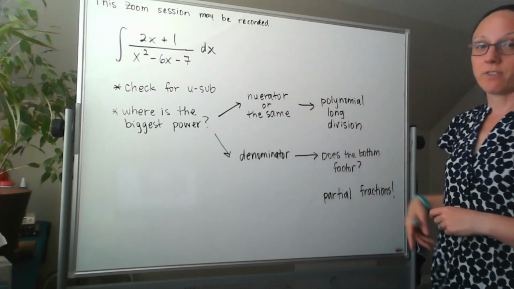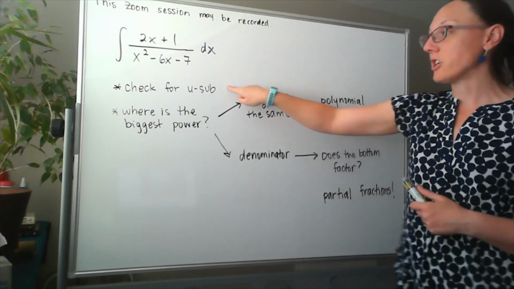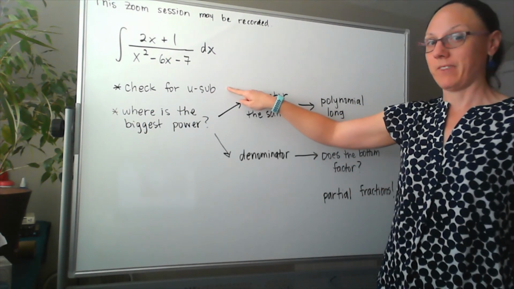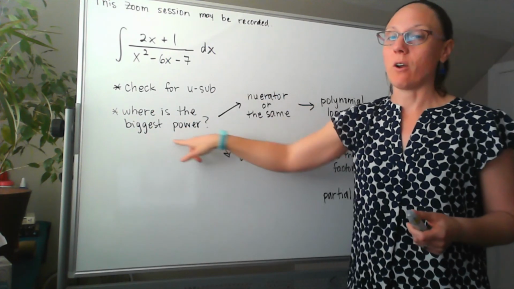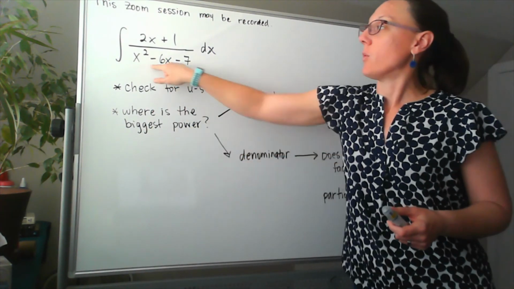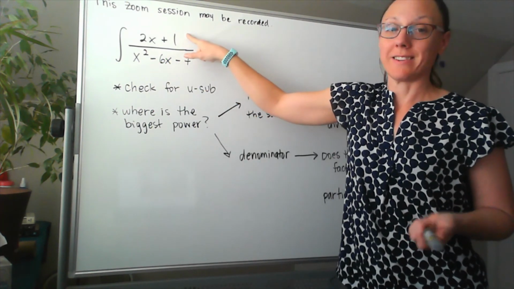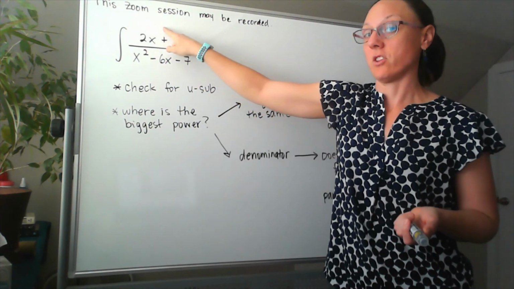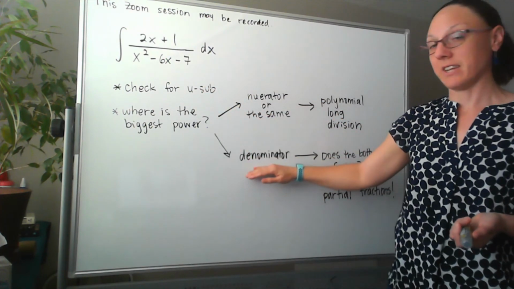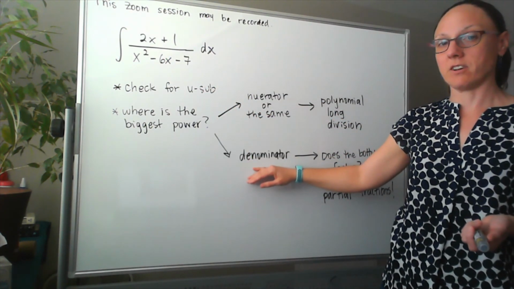If we follow this flow chart for this problem, we already checked for the u substitution, it wasn't there. So now I'm looking for where's the biggest power. Well, my denominator has a power of x squared, and the numerator is linear. It only has a power of x to the 1. So we find ourselves down here. Biggest power is in the denominator.